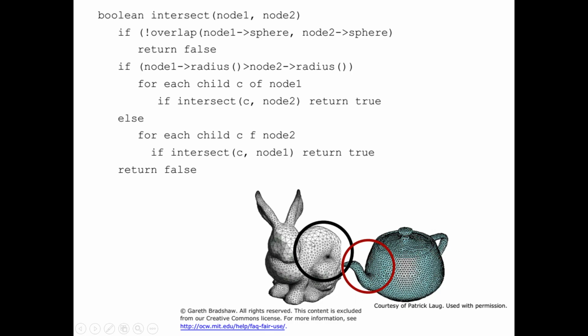And in this way we can recursively move around and find even more children spheres that would be close to the red sphere, and find out exactly at which point the collision occurred.